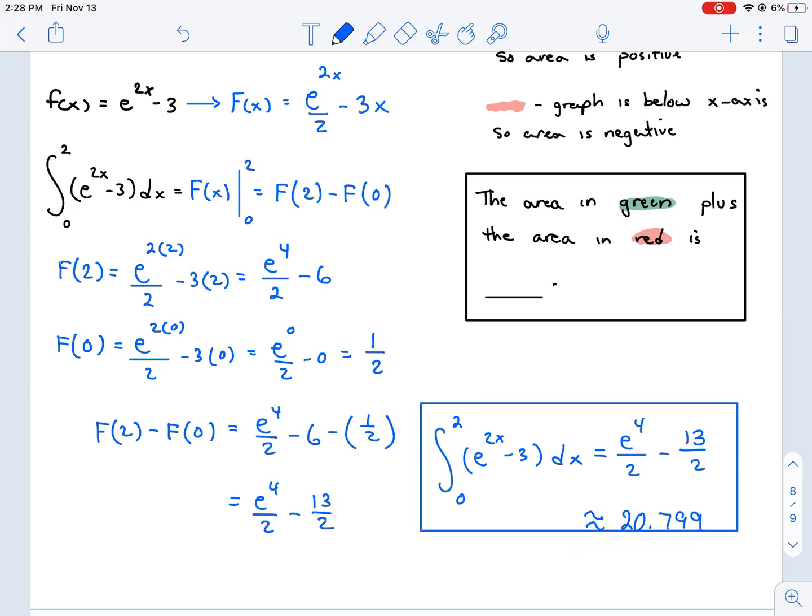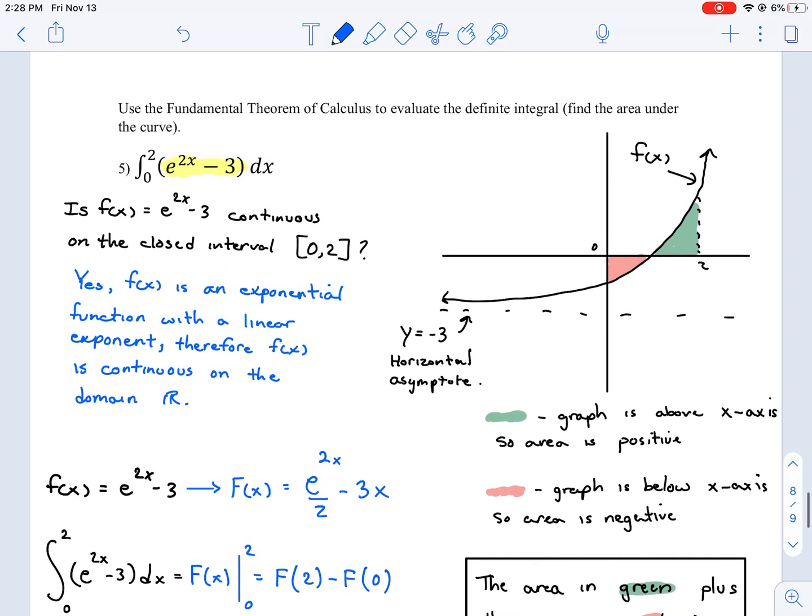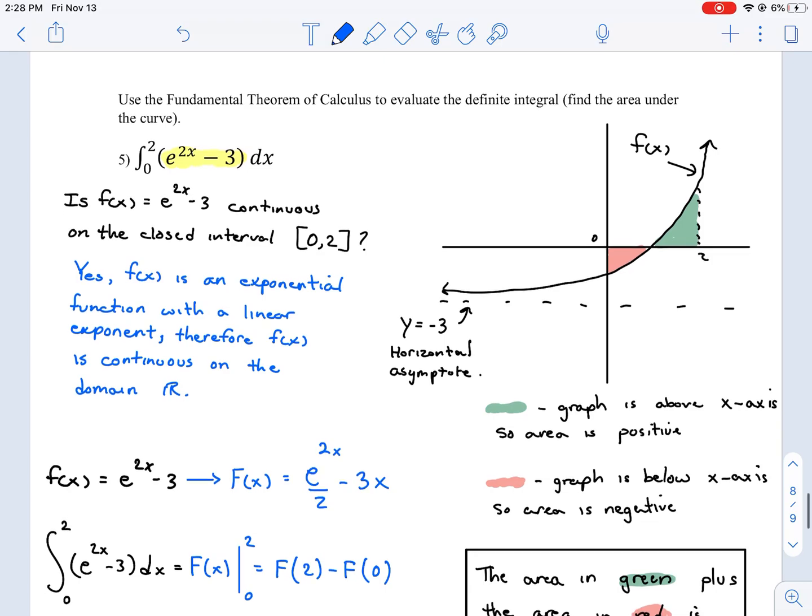All right, so what does this number represent? All right, so back over here to the graph. Here's the graph of f of x, and the area that's positive is in green, and the area that's negative is in red.